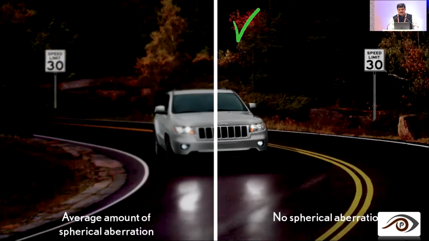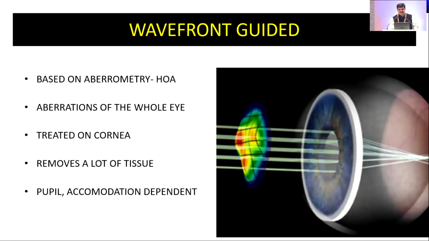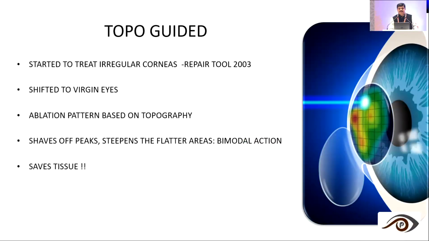Wavefront optimized is based on the keratometry and the refraction, which minimizes the spherical aberration, with additional pulses in the periphery, and does not correct existing aberrations. Wavefront guided is based on aberrometry, treating higher order aberrations on the cornea, which removes a lot of tissue and is pupil dependent and accommodation dependent.